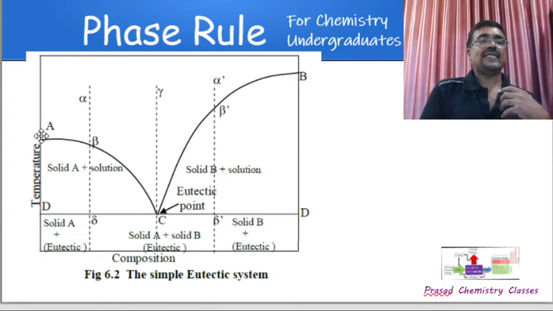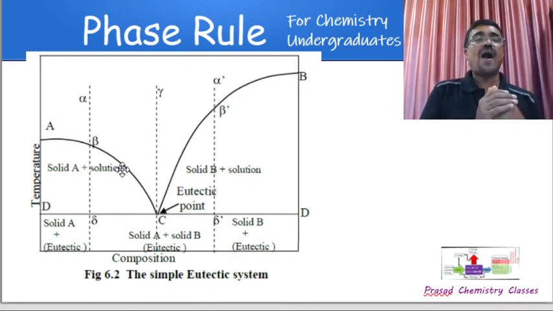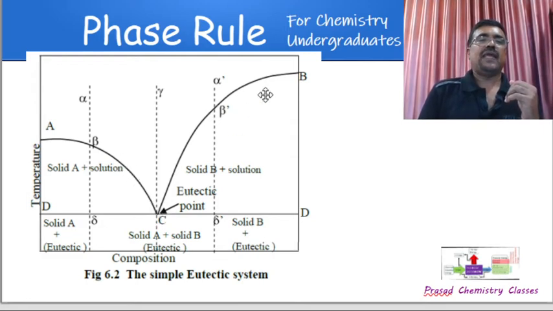If you add salt to ice, it will start melting at temperatures below the normal melting point of water. So when B is added to A, the melting point of A will decrease along this curve. Similarly, when A is added to B, its melting point decreases along this curve.